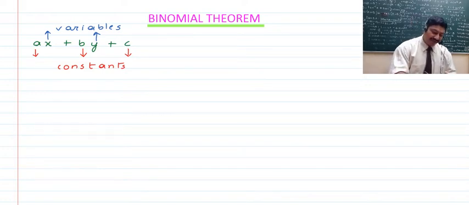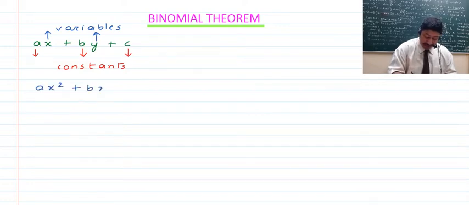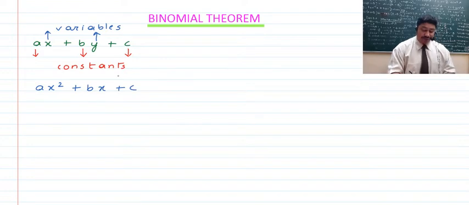Now let's quickly have an example of such an expression. Let's say we talk about ax squared plus bx plus c. You know that this is the general quadratic expression where again a, b and c are constants, and the x in x squared or x is the variable.